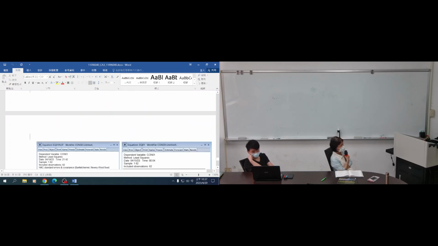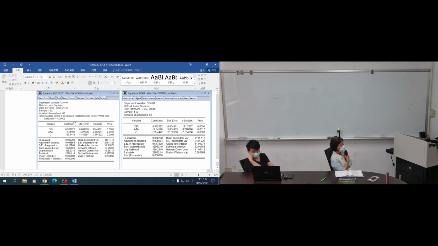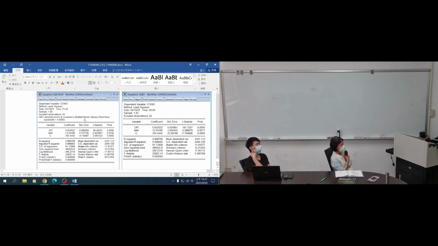This is the comparison between the Newey-West and the original one. As we can see, the coefficients are exactly the same, and the standard errors, some of them are increased and some are decreasing. And for the t statistic, it's decreasing.